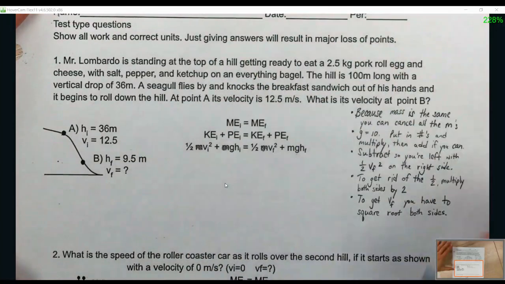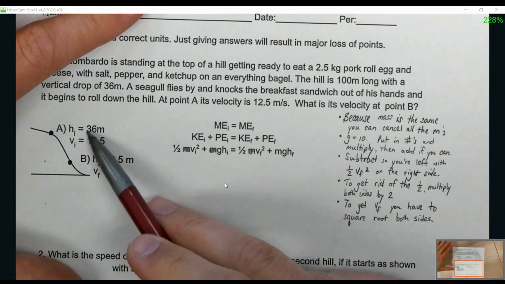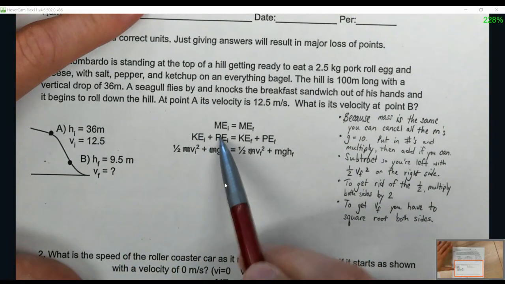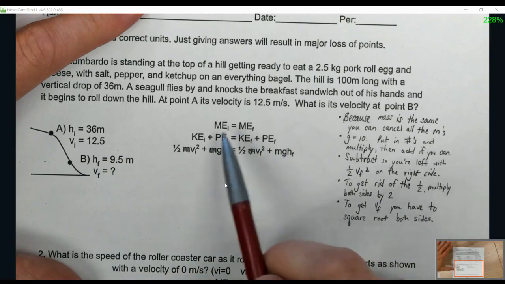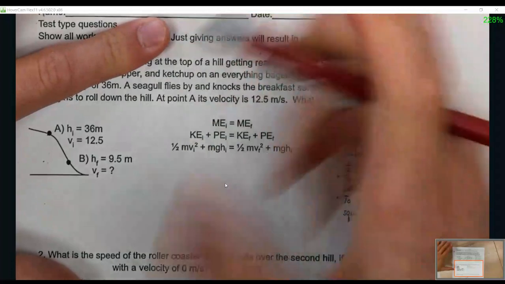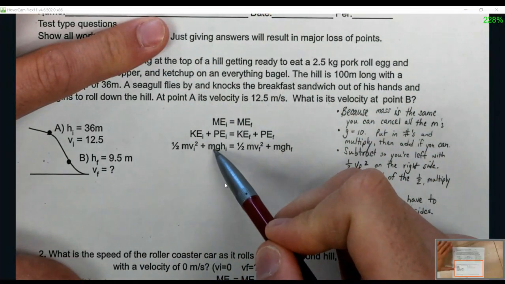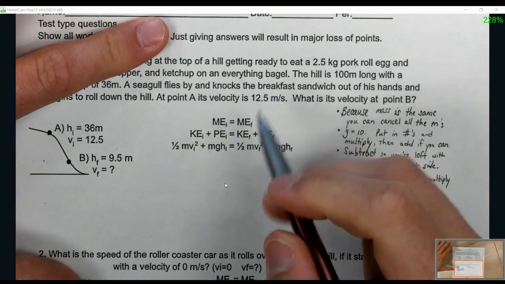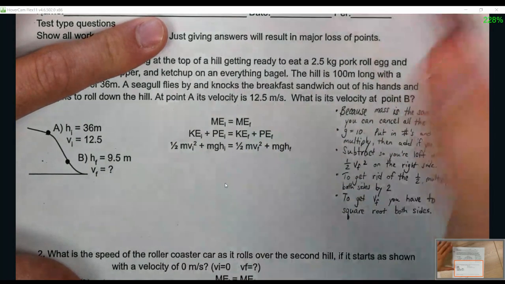So I wrote over on the side, mechanical energy. Since we know both of these, we can find kinetic and potential. The left side of the equation has to equal the right side, and we break that down even further into its basis. Kinetic energy is 1/2 m v initial squared plus m times g times initial height is equal to the finals.